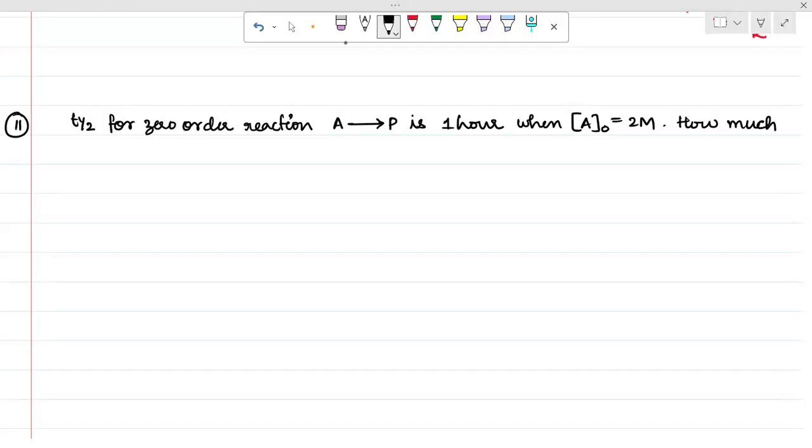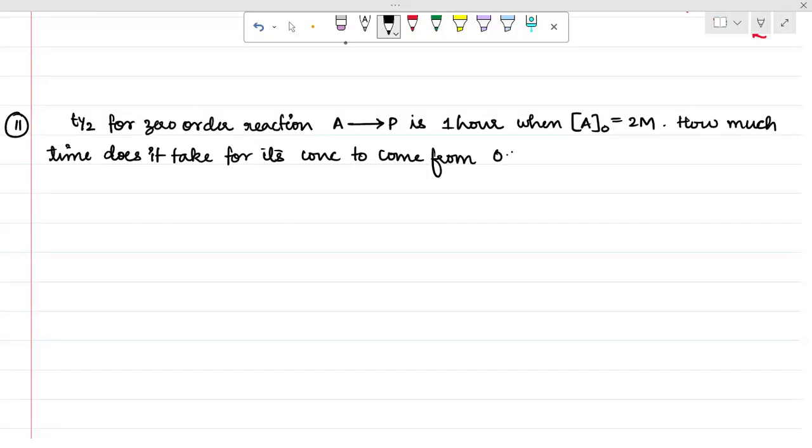How much time does it take for its concentration to come from 0.5 molar to 0.25 molar?